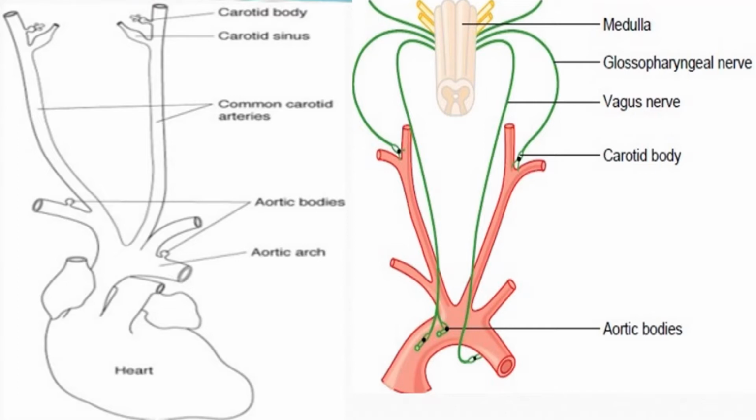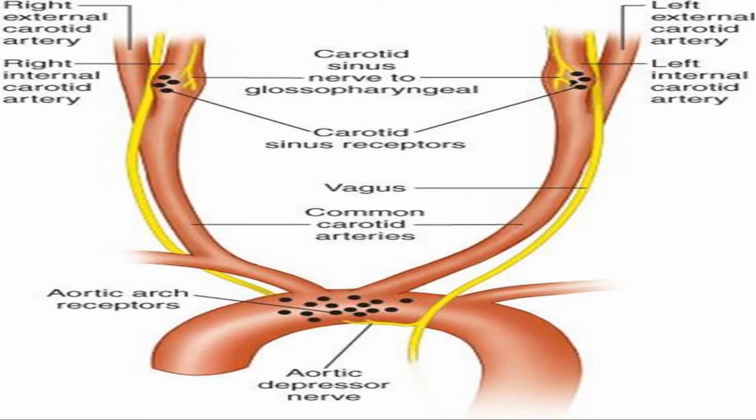A distinct branch of the glossopharyngeal nerve is known as the carotid sinus nerve. The fibers from the aortic arch form a branch of the vagus nerve, the aortic depressor nerve.